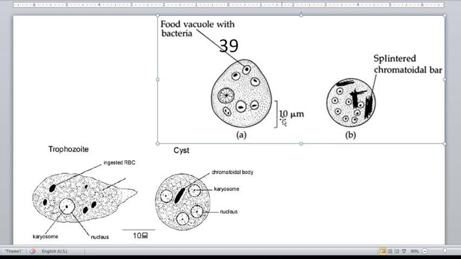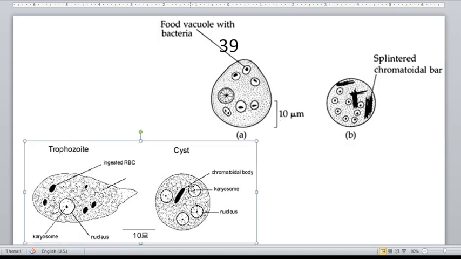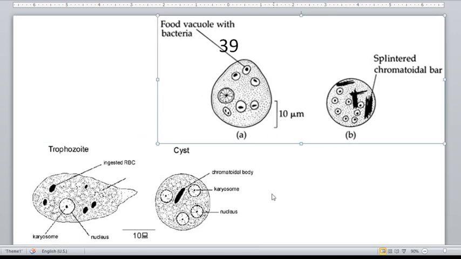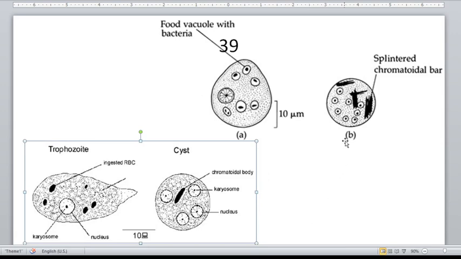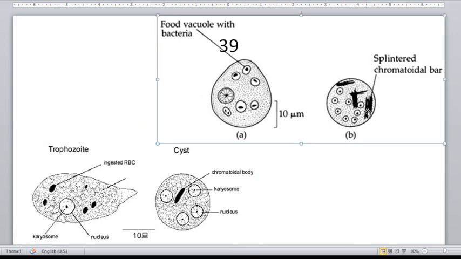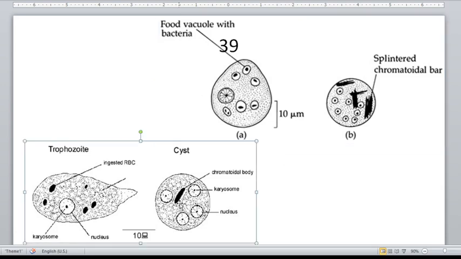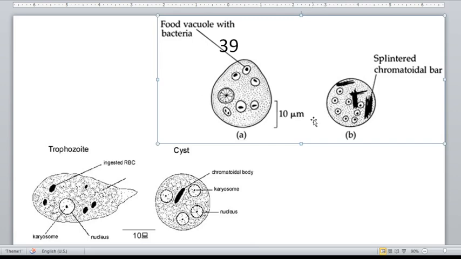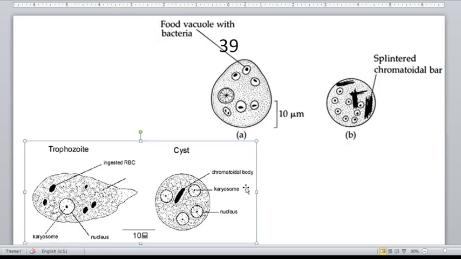The coli is larger than the histolytica. For the mature cyst, second differentiation, the mature cyst of Entamoeba coli has a maximum of eight nuclei. But Entamoeba histolytica can only have four. Eight for coli, four for the cyst stage of Entamoeba histolytica.